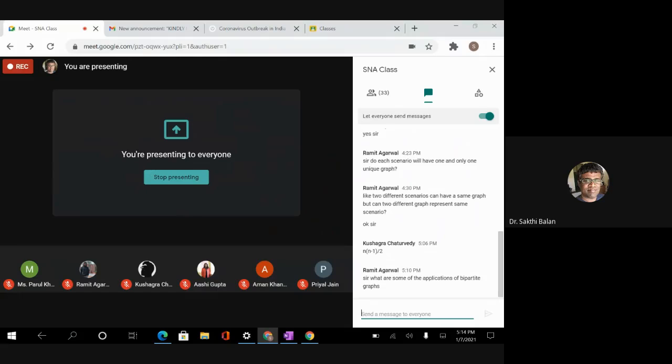What are some of the applications of bipartite graph? A very simple application is, suppose LNMIT wants to assign hostel rooms for the students, right? So one set of nodes is the students and another set of nodes is the hostel rooms.